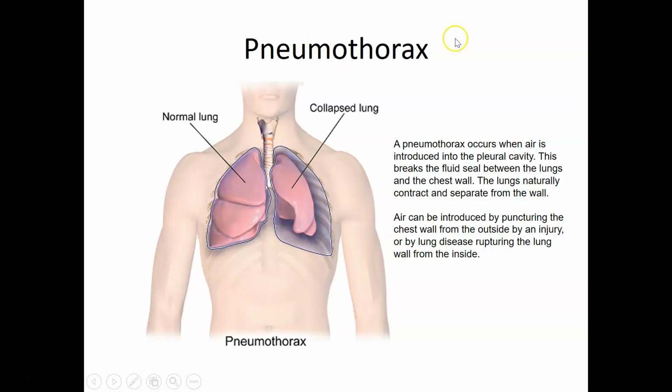So a pneumothorax will cause a collapsed lung. A pneumothorax can also be caused by a broken rib, for example, that can puncture this seal, and also any kind of lung disease that causes a puncture in the external surface of the lung, allowing air to escape from inside the lungs into the pleural cavity.